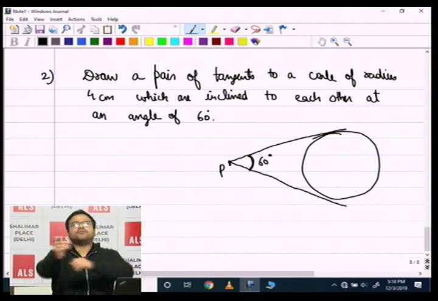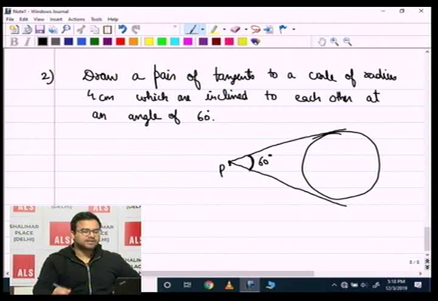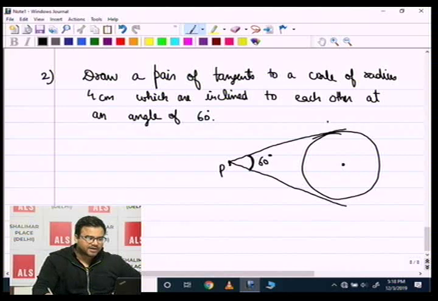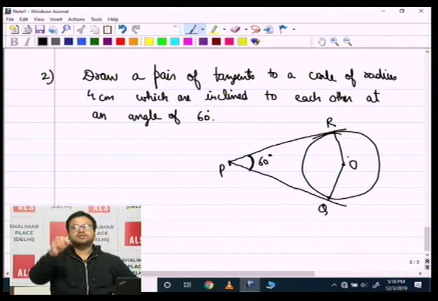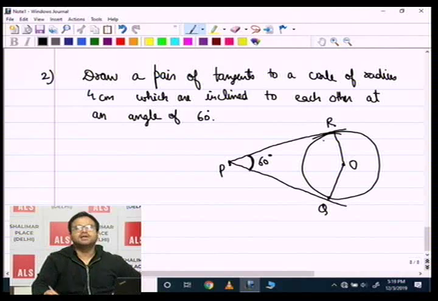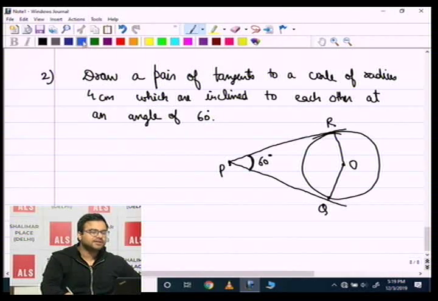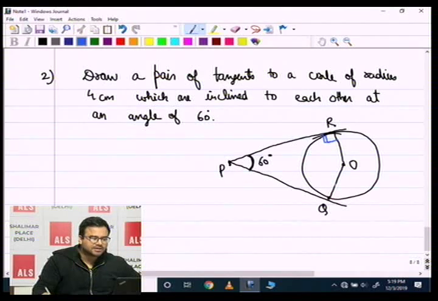Now, what we have to do, if we see in the rough diagram, since we can use the center, this is the center. Suppose the points R and Q are the points of contact of the tangents from P. If you join them to the center, ORPQ is a quadrilateral, and we know the angle between the tangent and the radius at the point of contact is 90 degree. So this angle is 90 degree and this angle is 90 degree. We already know this. So we can find angle ROQ.